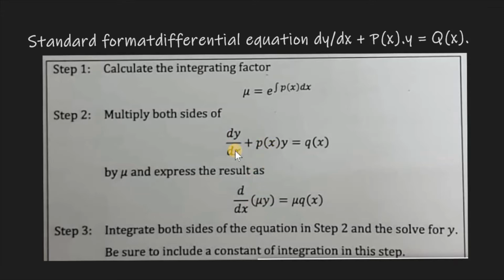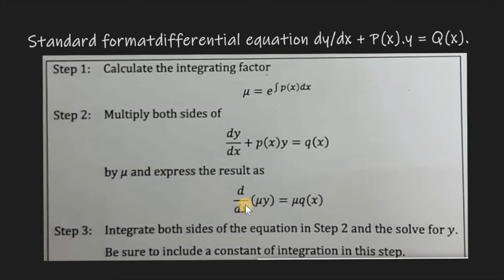There we recognize what is the mu and the y, because when you expand the derivative of mu times y, it becomes mu y prime, dy/dx, plus the mu prime and y. So that's how we can combine it.